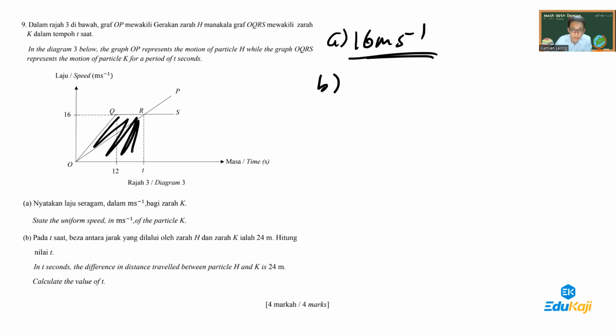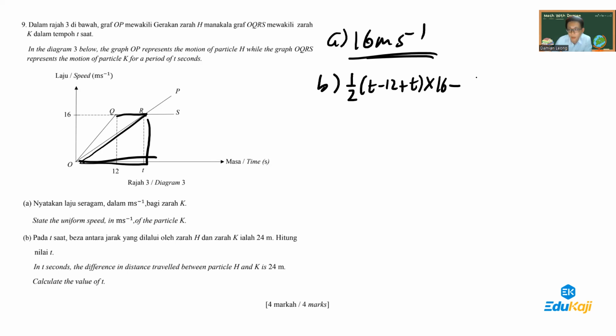So this one has a larger area. So area of the trapezium, half times sum of parallel sides. Here is T minus 12. Here is T plus T times height 16 minus the triangle here, half times T times 16 equals to 24.